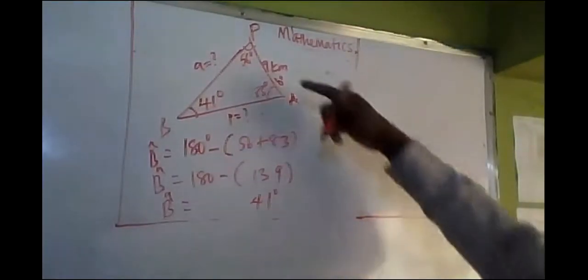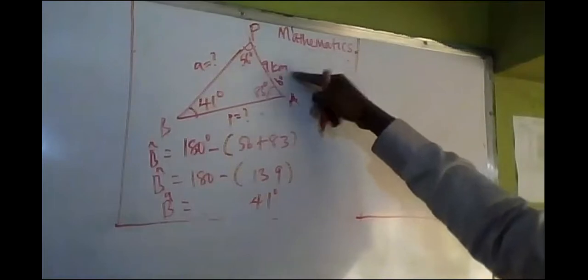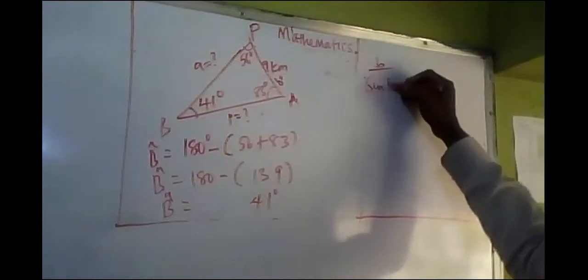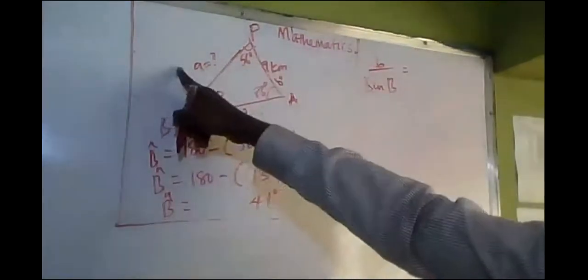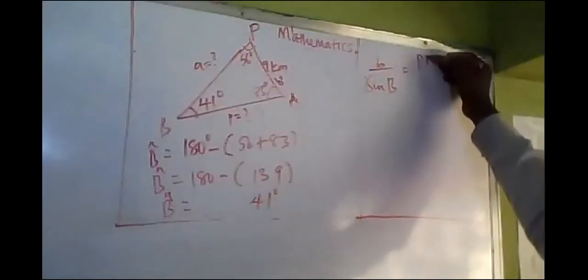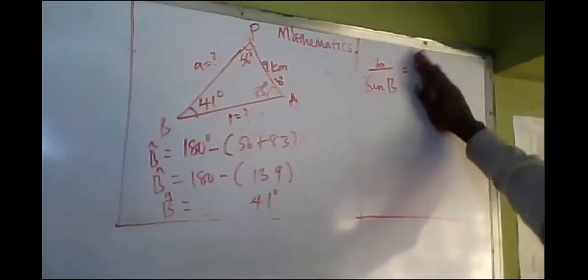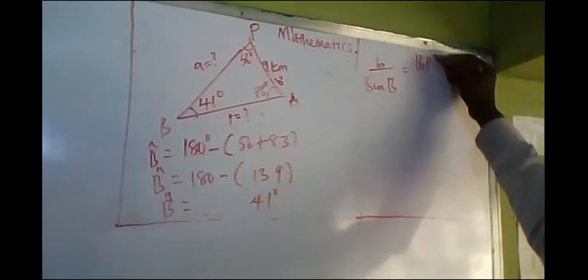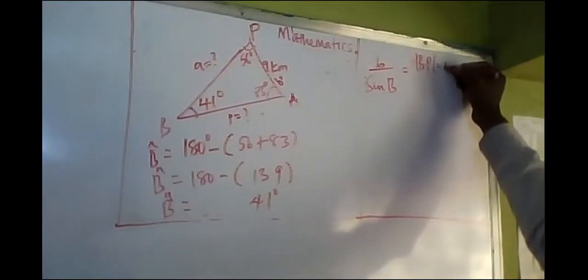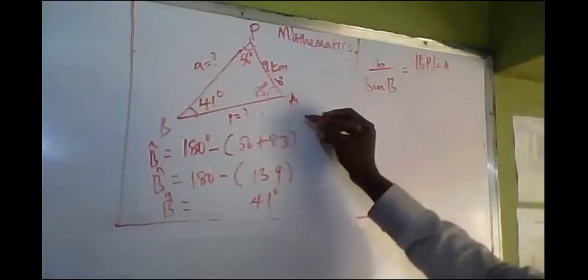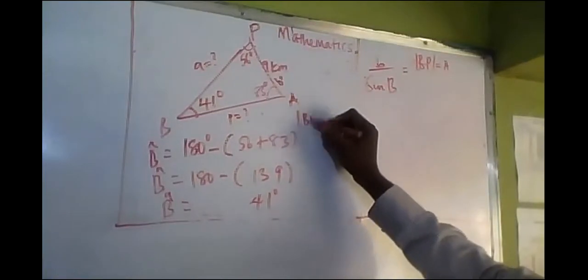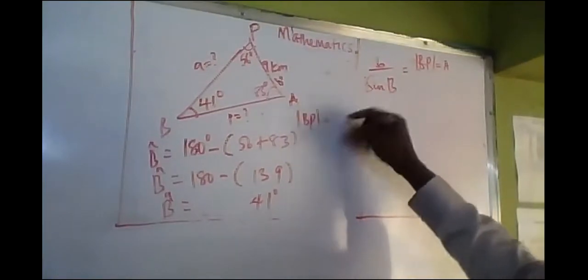So which is the complete one now? B and B. So b over sine B is equal to, we are looking for A, angle BP. BP is actually what? A. You understand? Angle BP is equal to small a.